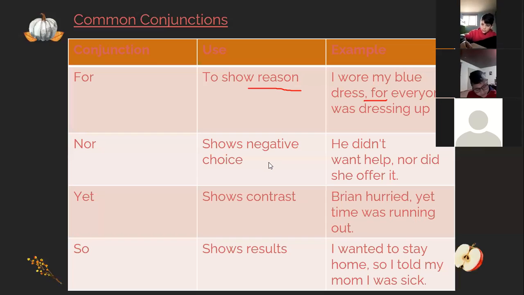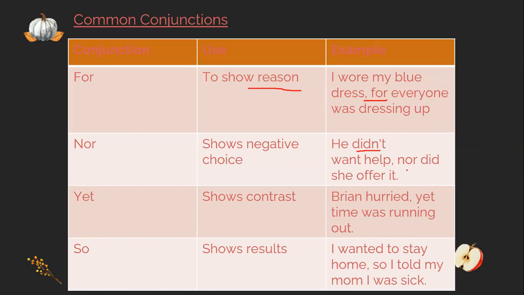We still have 10 minutes, guys, and the session will end. Nor shows negative choices. So I have choices, but they are negative. He didn't want to help, nor did she offer it. You see, there is a negative here.